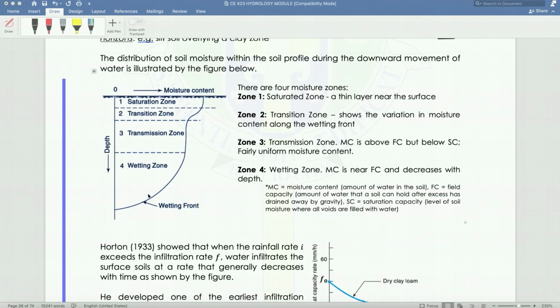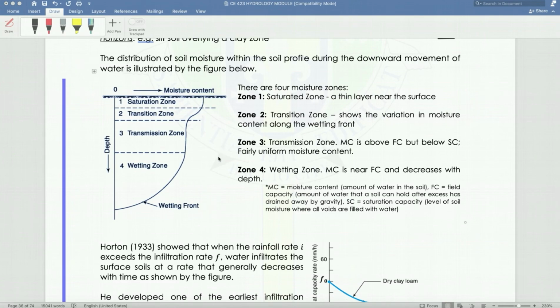Okay, but iba yung case when it has already stopped precipitating. Like for example, after bumagyo, magiging iba na yung scenario, wherein the water on the ground surface has already infiltrated our soil profile. Therefore, mas marami yung tubig natin nasa ilalim, like what we can recall from our geotechnical engineering.